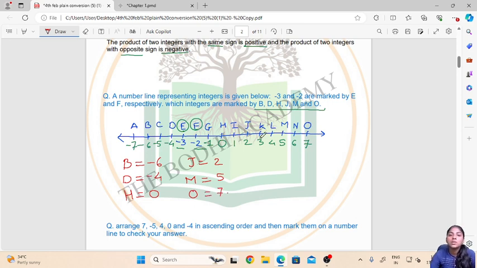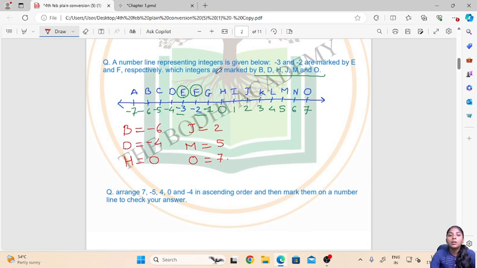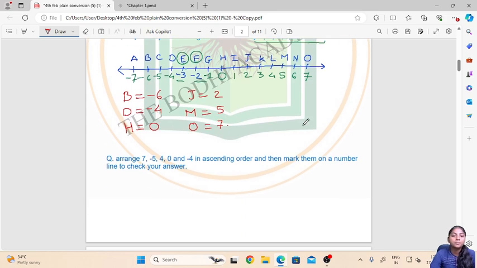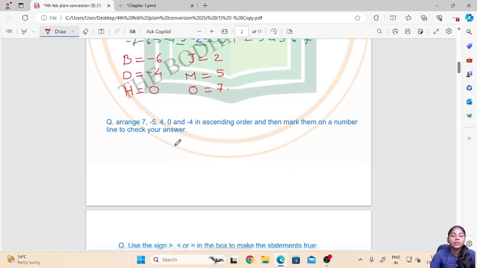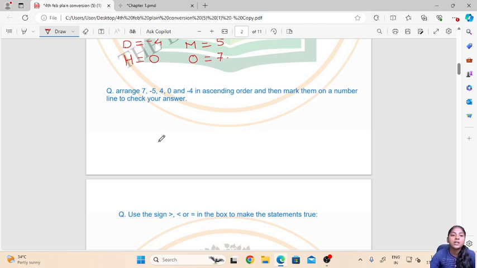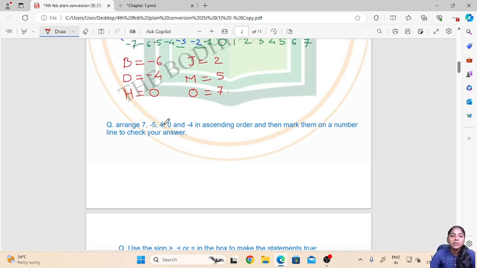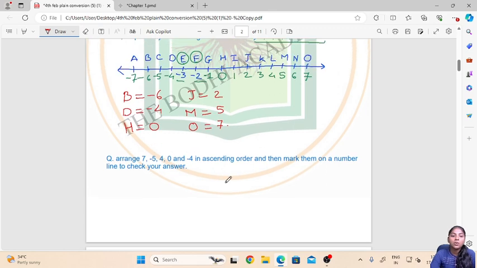So this was a simple exercise where we had to find out the integers which were marked at these alphabets on the number line. The next question is: arrange 7, -5, 4, 0 and -4 in ascending order, and then mark them on a number line to check your answers.